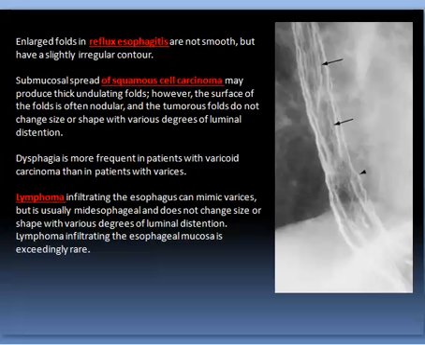So giving the differential of varicoid carcinoma or lymphoma of the esophagus, and even varicosis of the esophagus can produce such an appearance if it is smooth enough. But reflux esophagitis is not smooth. Reflux esophagitis is irregular.